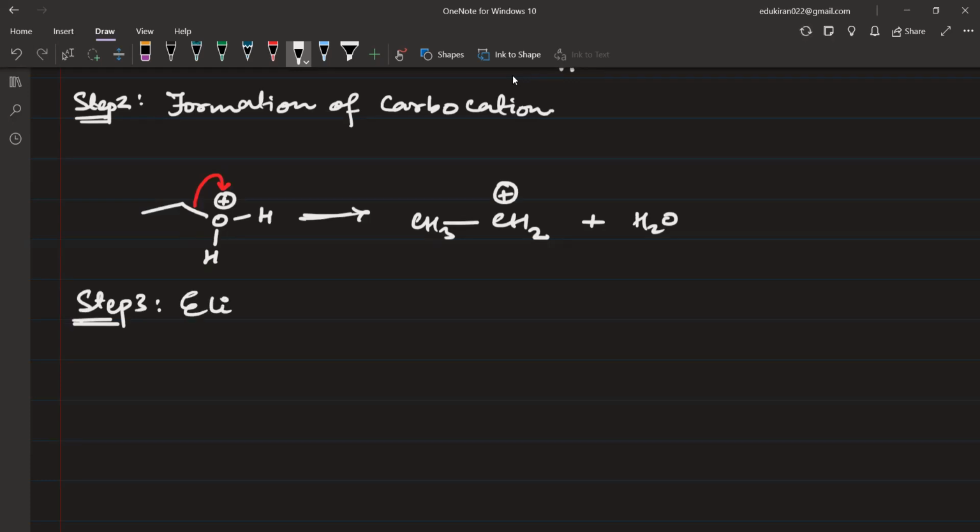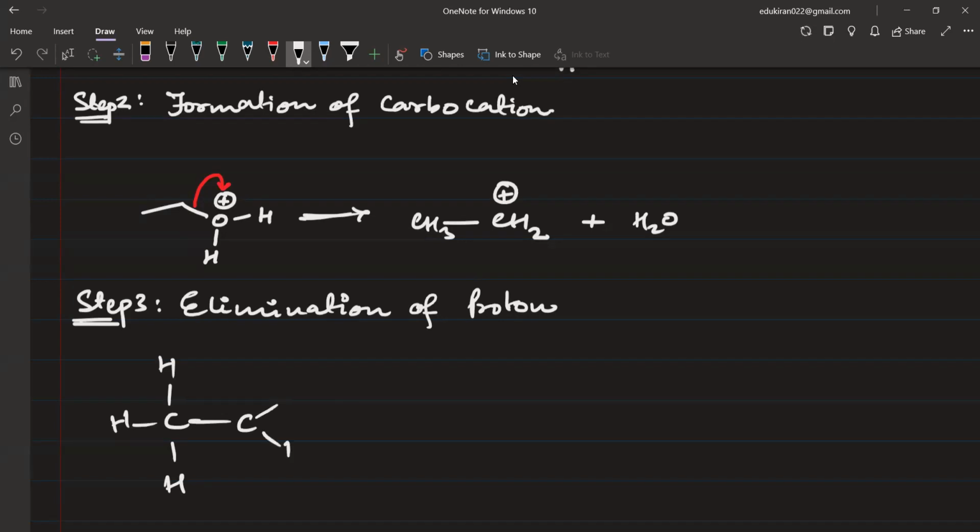Elimination of proton. So this has 3 hydrogens, single bond, 2 hydrogens and a positive charge.